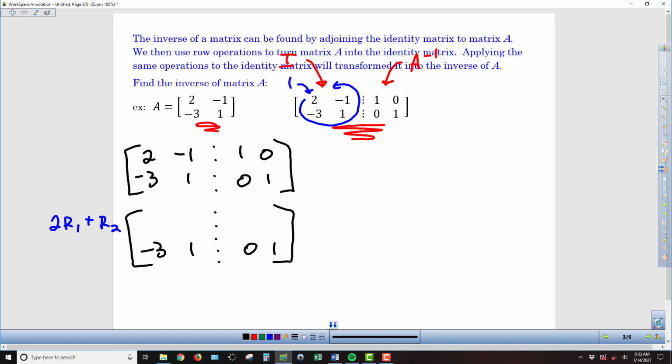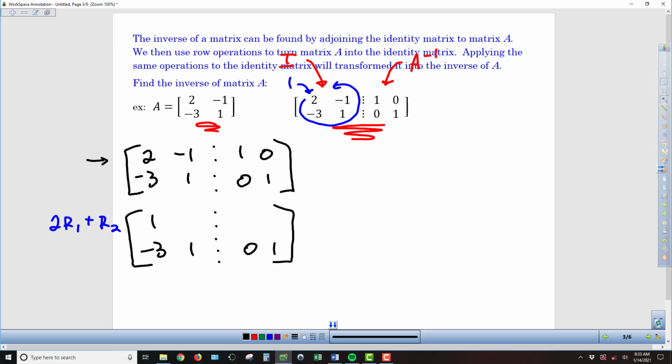But then in place of the top row, I'm going to take 2 times the top row, 2 times row 1, and add to it row 2. So I'm going to do that for each corresponding entry. So 2 times 2 is 4, plus -3 gives me 1.